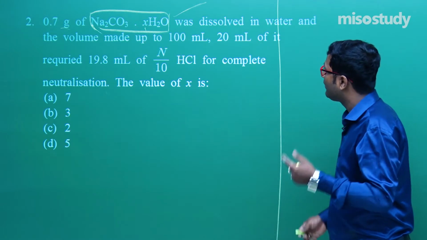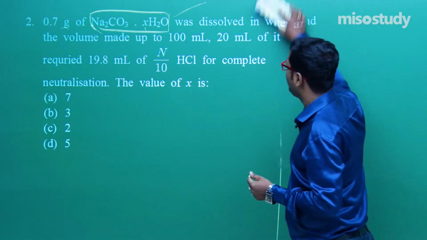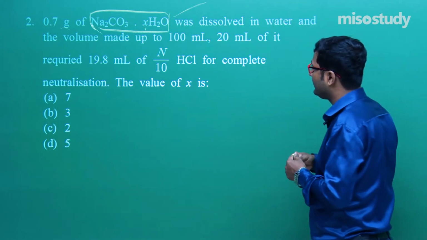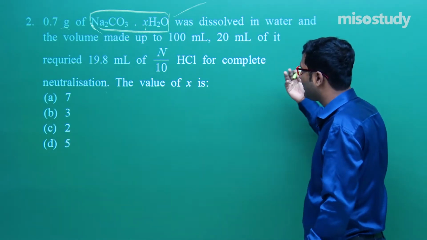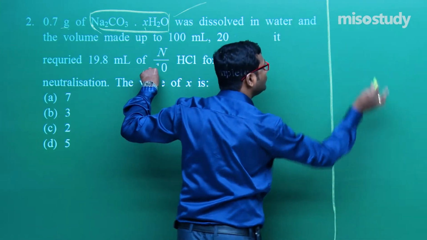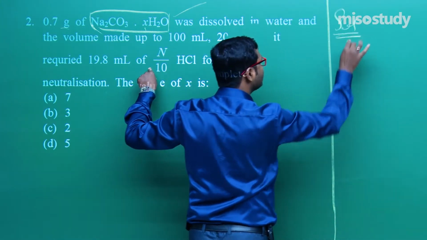Dissolved in water, the volume made up to 100 ml. 20 ml of it required 19.8 ml of N by 10. Now we get the clue what to do. Listen carefully.